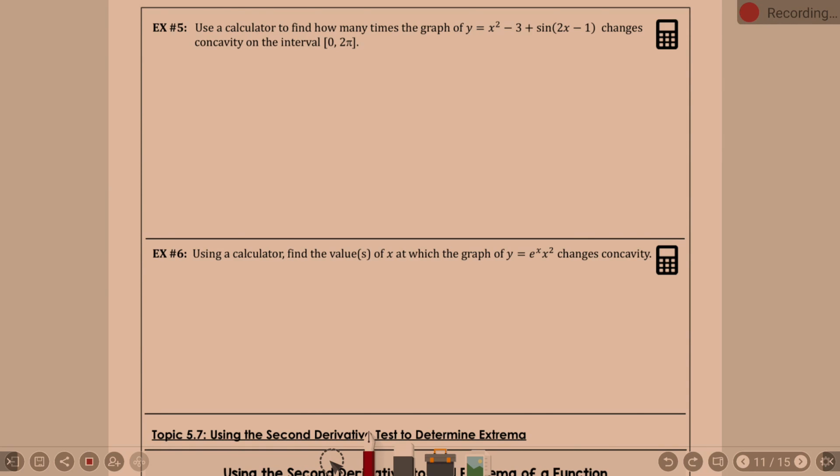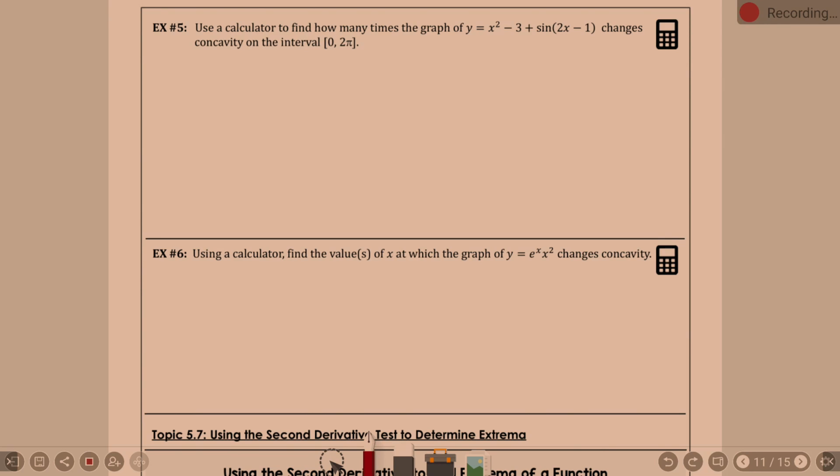Use a calculator, your favorite words, right? Use a calculator to find how many times the graph of y equals x squared minus 3 plus sine of 2x minus 1 changes concavity on the interval 0 to 2 pi. FYI, we're not graphing the original here. That's not the plan.